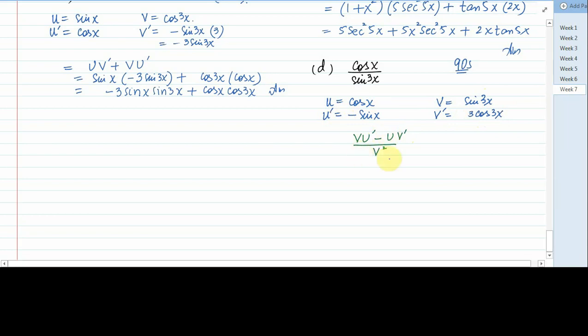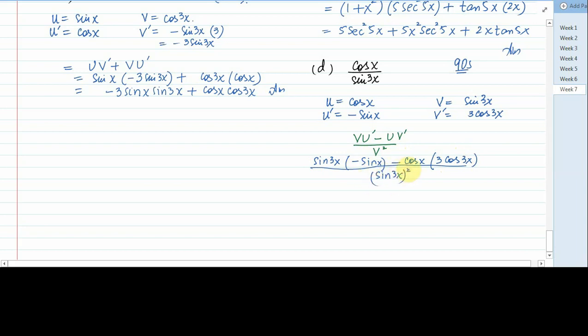Substitute the values. So v is sine 3x. Derivative of u is minus sine x, minus u, which is cos x, and derivative of v is 3 cos 3x, divided by, in the denominator, v square, and v is sine 3x whole square.